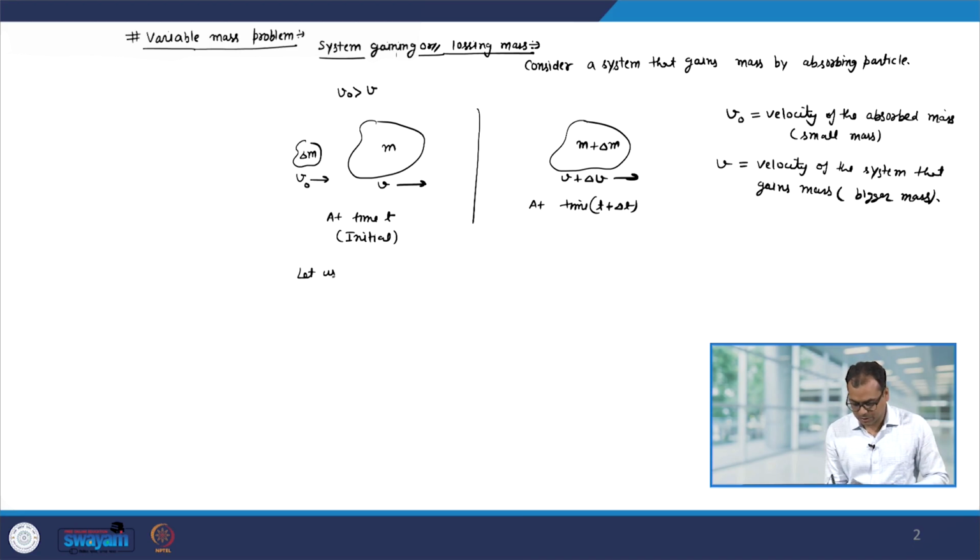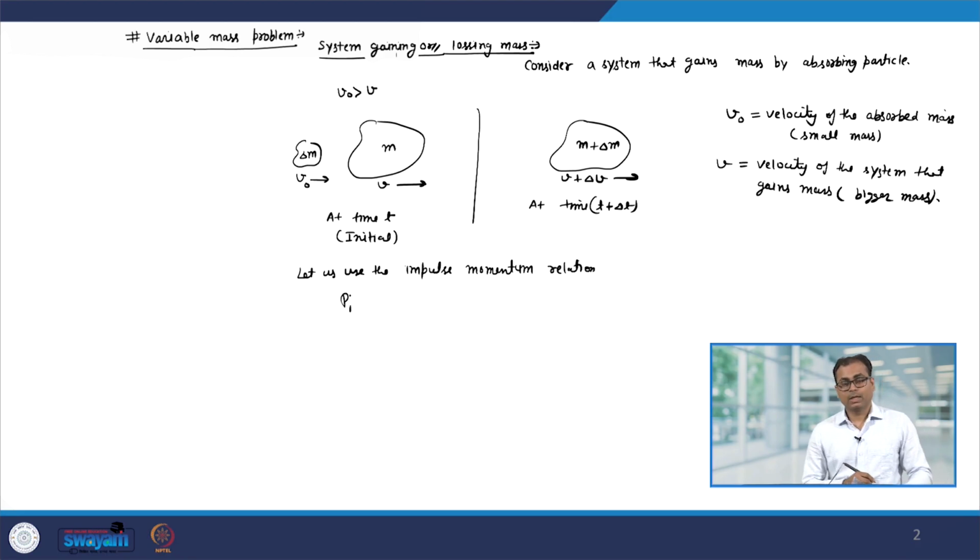So let us use the impulse momentum relation. It is the following: if p1 is the initial momentum and the impulse is F dt, then the final momentum is p2.